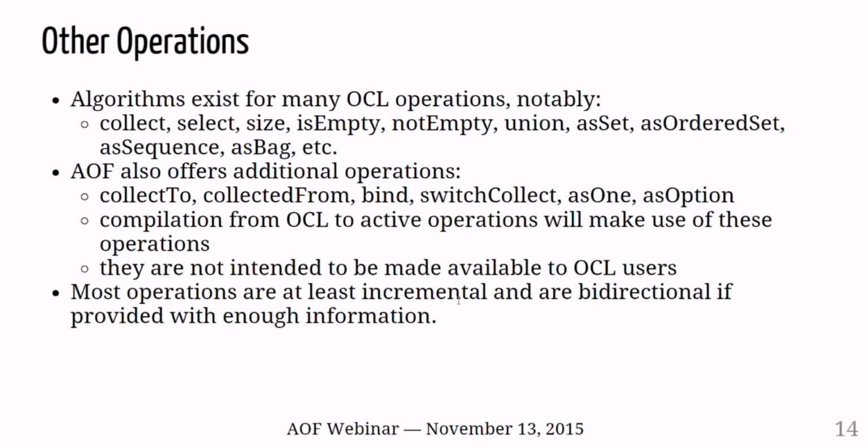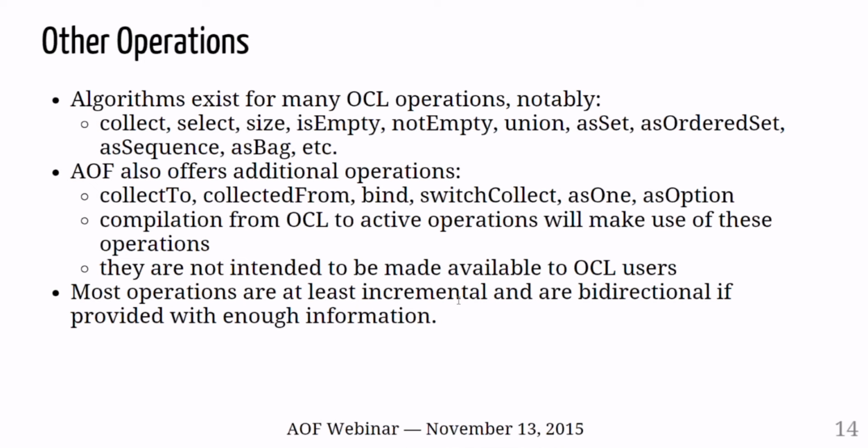You can also ask for the size of the box or collection. You can also check if it's empty or not. You can perform union of boxes. You can convert between the different kinds of boxes. And there are also collection operations which are specific to AOF. And we will see why.